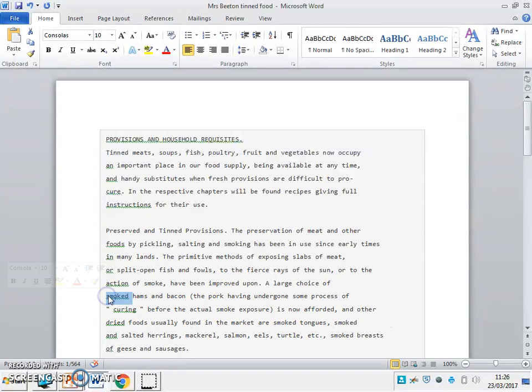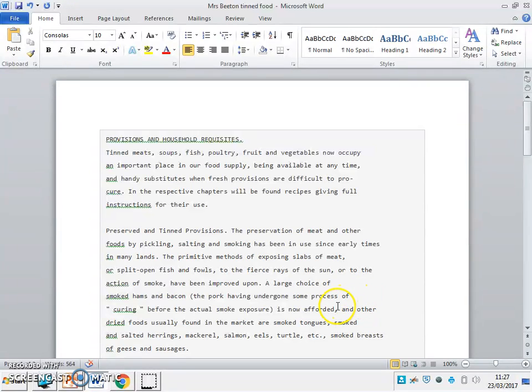She keeps saying smoked. So even if you didn't know what smoked was, like smoked salmon and stuff like that, you could work out this is some kind of preparation of food, and that you can find it in the market. So you're not making it yourself, you're buying it.